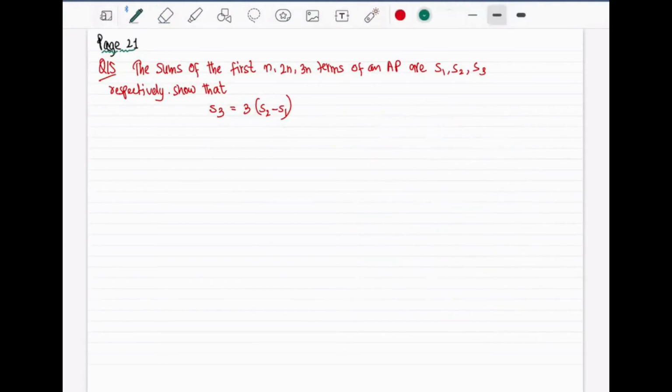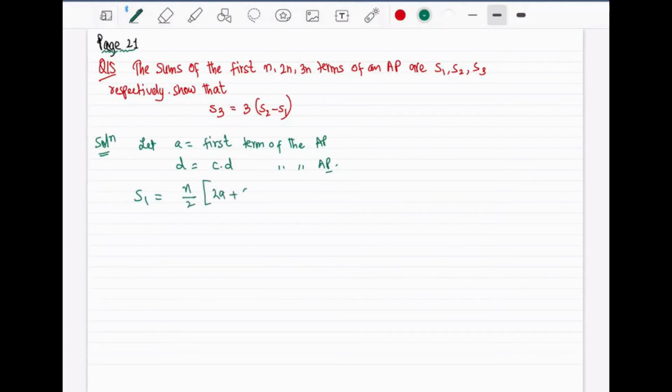So the solution is, first of all, you have to take what a and d are. Let a be the first term of the arithmetic progression, and d is the common difference of the arithmetic progression. As given by the question, you can write the expression for S1.